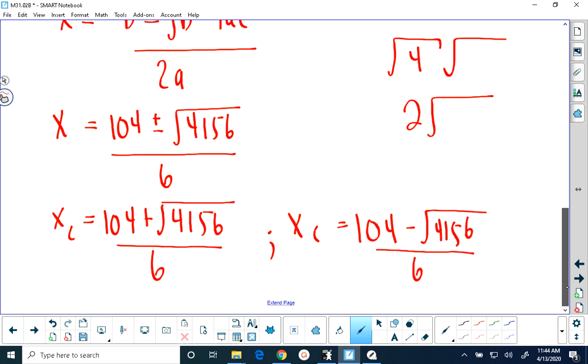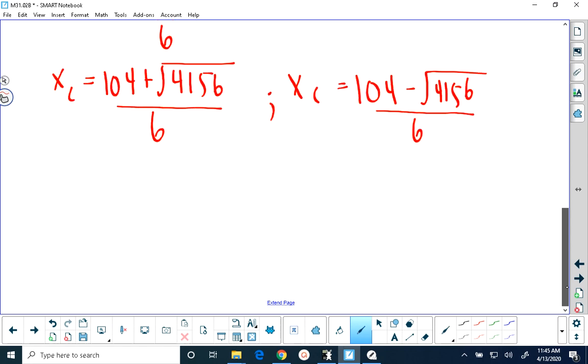And I told you last time that for the time being anyway, there's no reason for us to have to do a first derivative chart. No matter how many critical numbers you get, only one of them will be valid. So in order for us to see which one of these is usable and which one is not, in other words, which one is in the domain and which one is not, we should calculate approximately what these are so we can talk about the actual number.